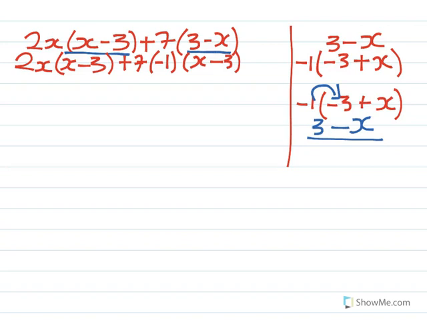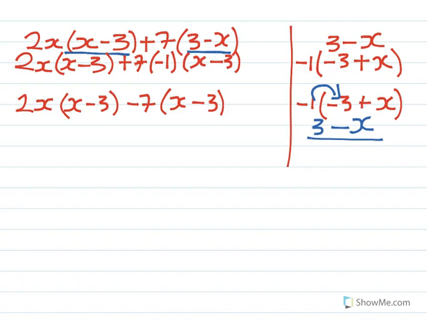So what we have now is 2x times x minus 3. Now, plus 7 times minus 1 becomes minus 7, and then you've got x minus 3. Where did I get x minus 3? Remember, minus 3 plus x is the same as x minus 3.